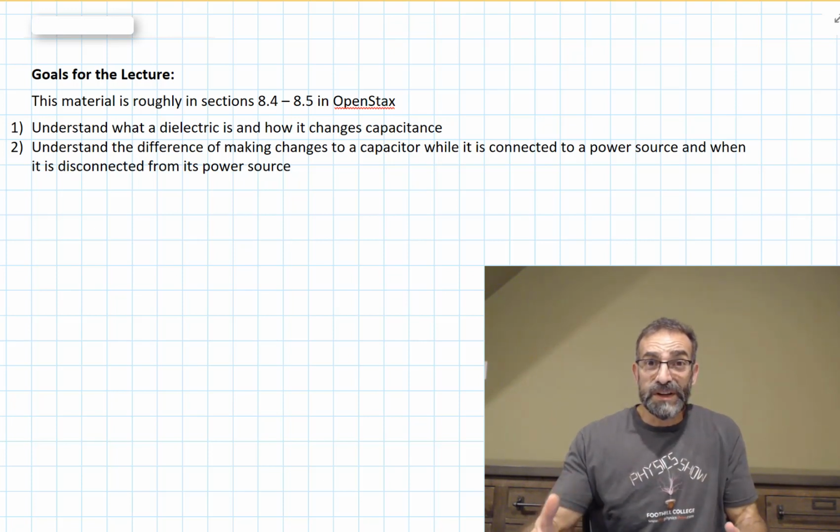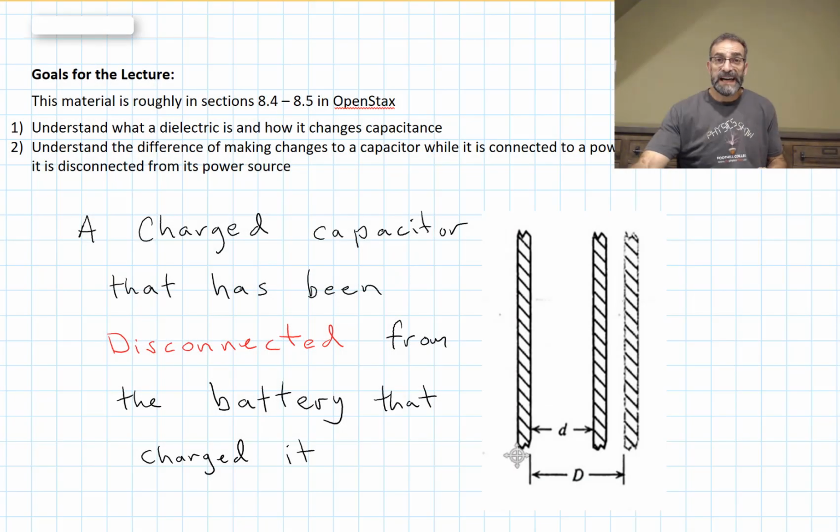So let's take a look at one of those effects and see how it affects the voltage difference, the charge, the capacitance, and the electric field. I have here a charged capacitor that has been disconnected from the battery that charged it. And I'm going to take those plates and push them closer together.